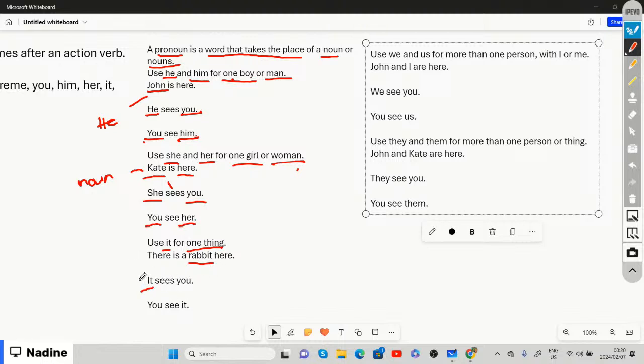So it is our subject pronoun, sees is our action verb, and you is our object pronoun. And then you see it. You being our subject pronoun and it being our object pronoun.